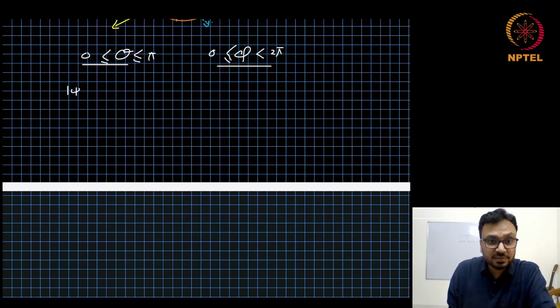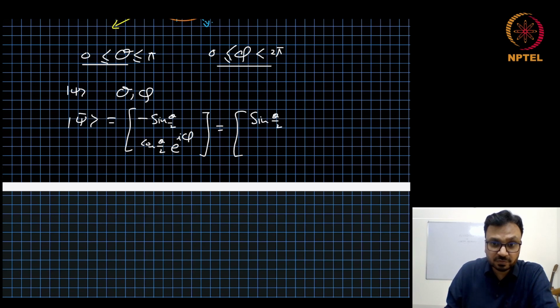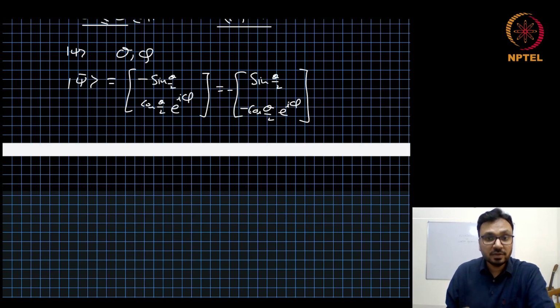Now, a state psi on this Bloch sphere is represented by theta and phi, two angles. What about the psi orthogonal state? If psi is written in the cos theta over 2, sine theta over 2 form, psi orthogonal will be minus sine of theta over 2, cos of theta over 2 exponential of i phi, or we can write it as sine of theta over 2, taking minus 1 common, and we don't care about the overall phase, minus cos of theta over 2 exponential of i phi, which will have its own theta and phi.